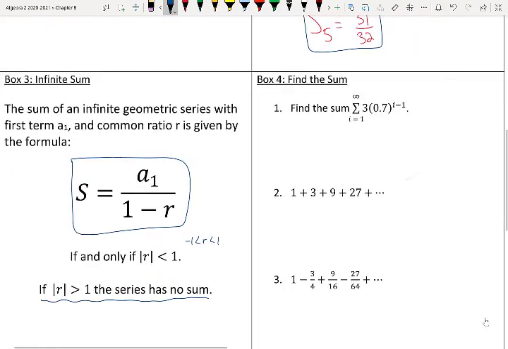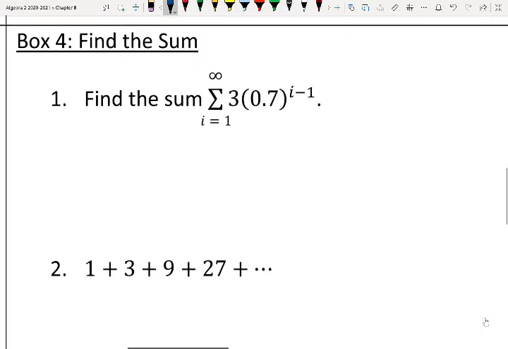So let's go ahead and jump in here for box 4, for actually finding some sums of infinite geometric series. Before we plug anything into our formula, the first thing we have to check is if this fits my requirements. Is the absolute value of my r value less than 1? In this case, my a sub 1 is 3. My r is 0.7, so that does fit.